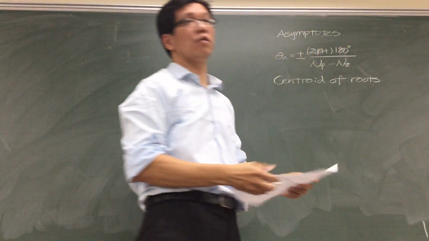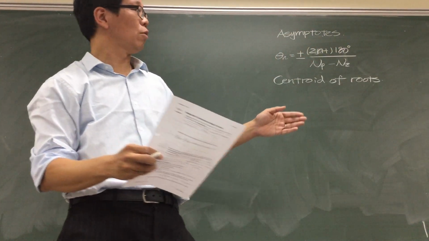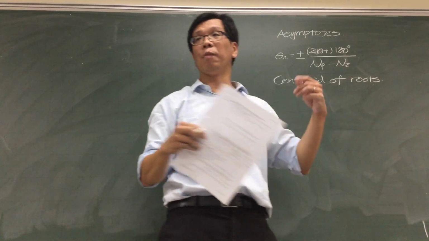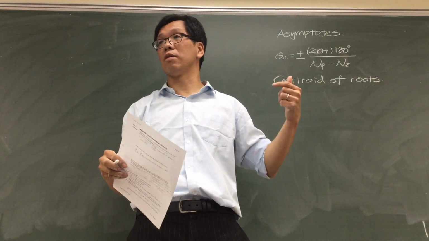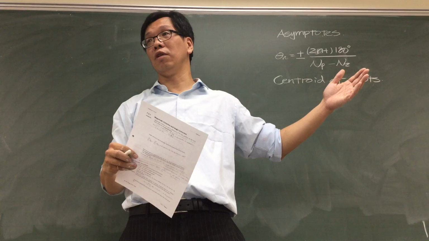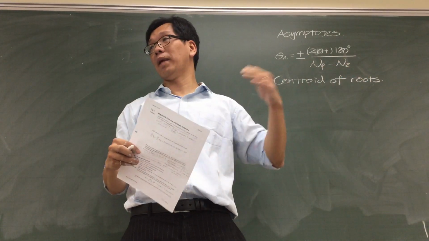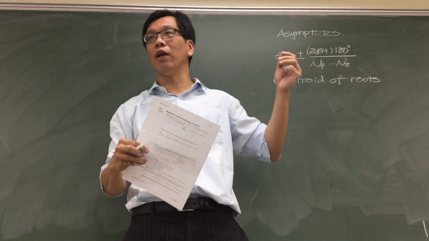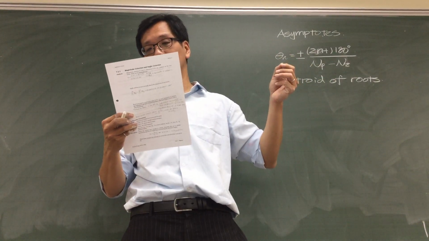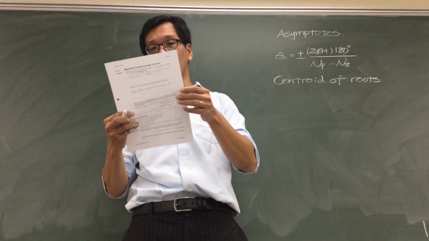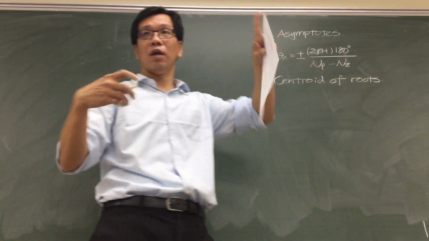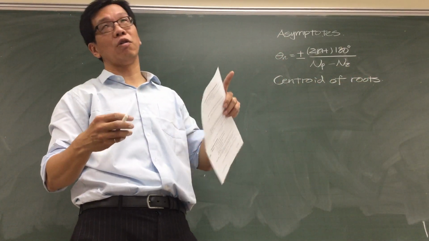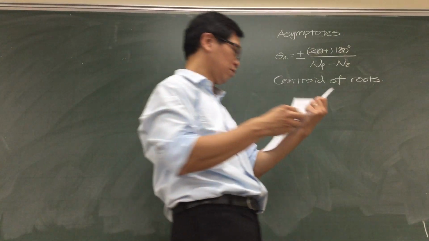So the second thing we're going to talk about is the centroid of roots. We know it's going to break out at certain places, going at plus/minus 60 degrees and 180 degrees. So where is the point where all those trajectories are going to intersect?